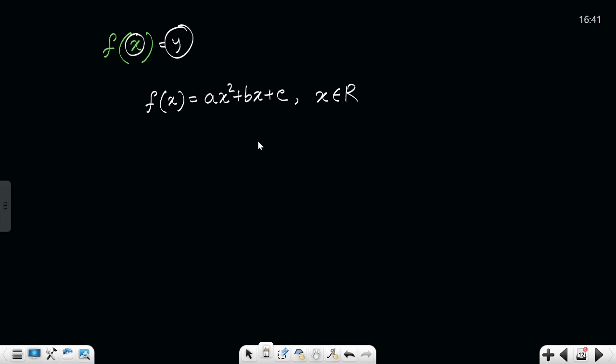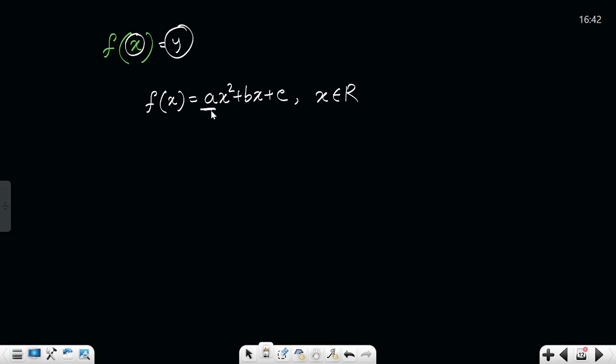Okay. Now we will go for range. For range, we mean that we need to find the maximum or minimum value of fx. Now, how we can determine that a quadratic expression has a maximum value or minimum value? To determine that, we will check for the coefficient of x square.